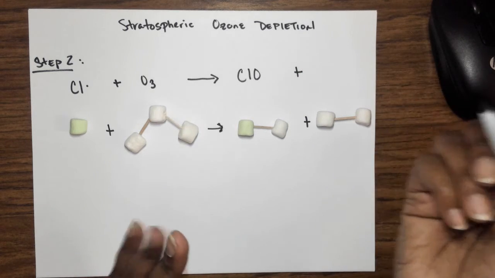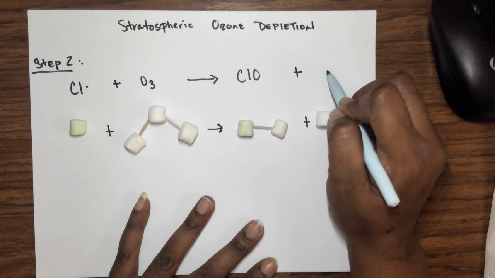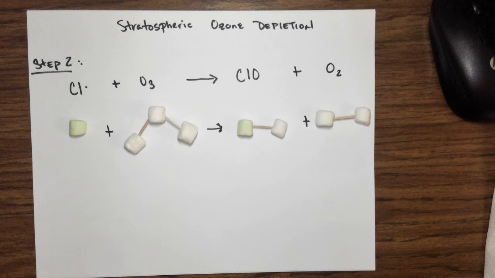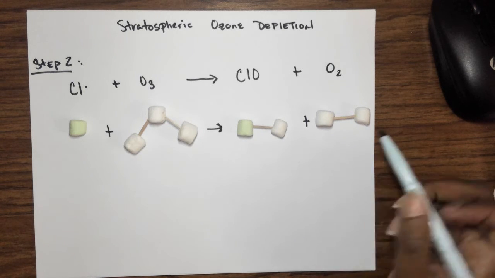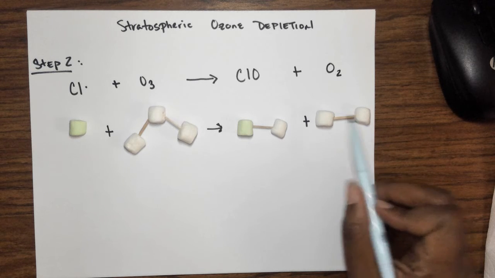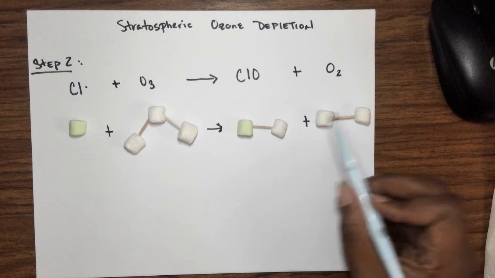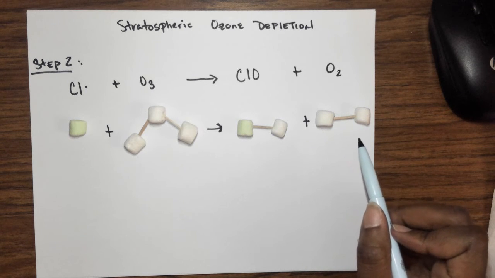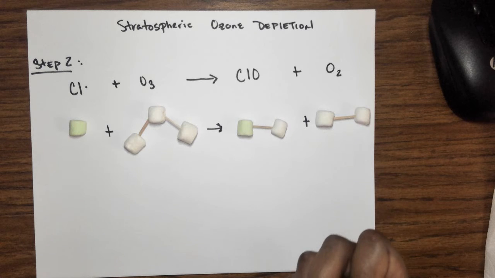But it's in the stratosphere, and we don't live in the stratosphere, so that's not even helpful. Okay? So now I've just destroyed ozone. This is no longer ozone, right? So this is not going to help us with regards to absorbing UV rays from the sun. Does that kind of make sense?